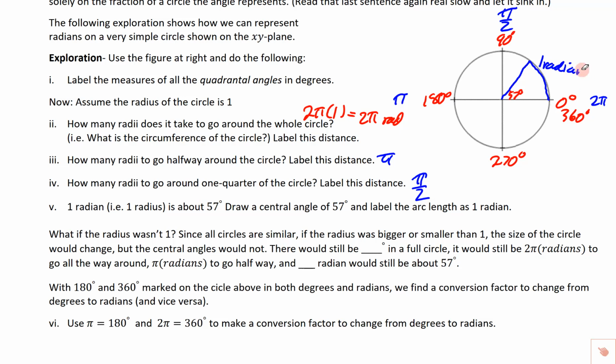In other words, it's 1 radius, right? Hang on 1 second. So that arc length is 1 radian or 1 radius. That central angle is 1 radian, which is 57 degrees roughly.